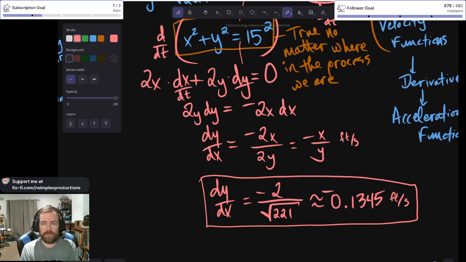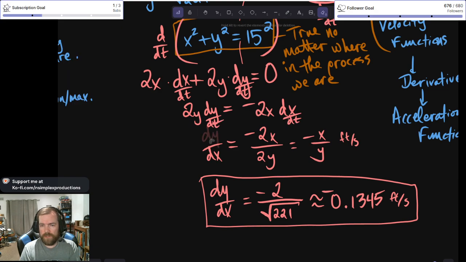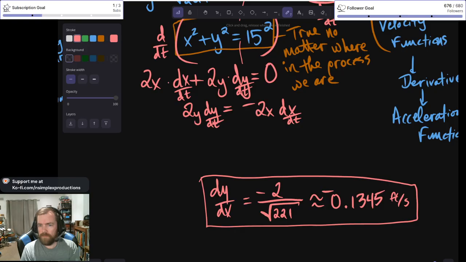Okay. Good news, it only takes a little tiny bit of correction. Okay, this is going to require a little bit more. Okay, so dy dt is going to be equal to negative 2x over 2y times dx dt.